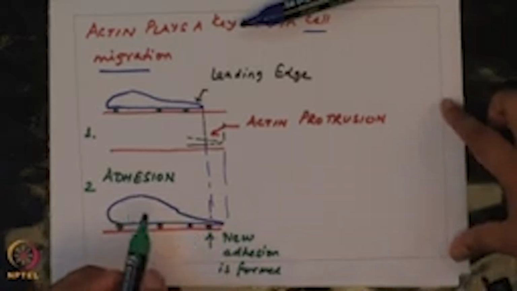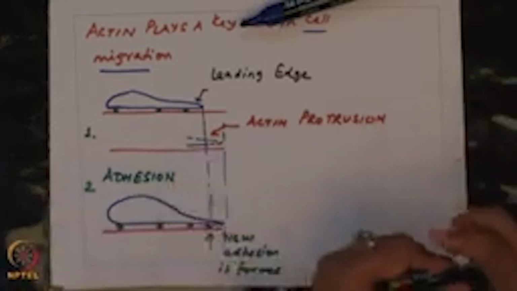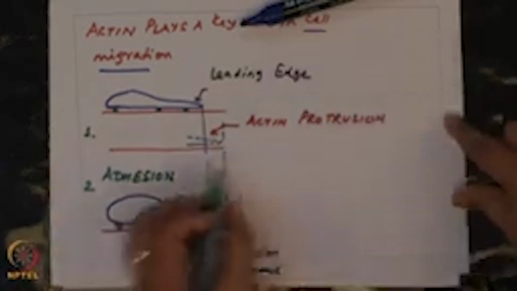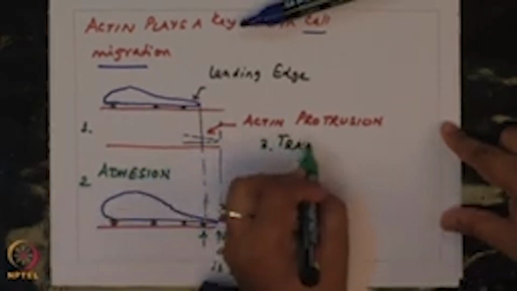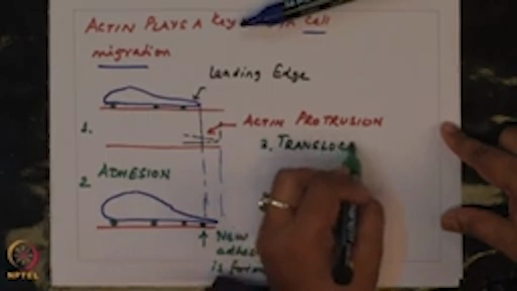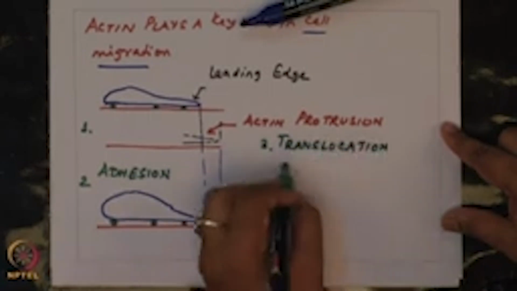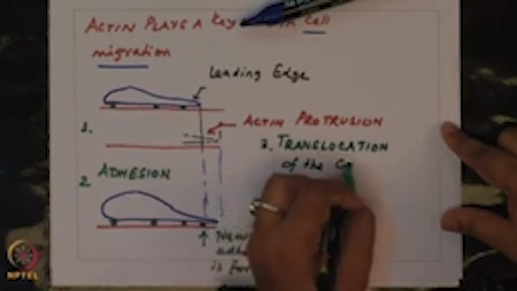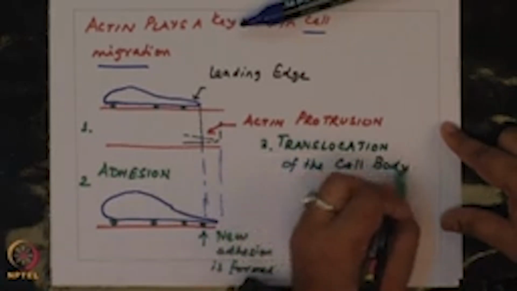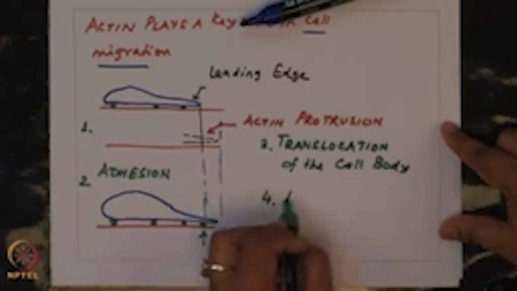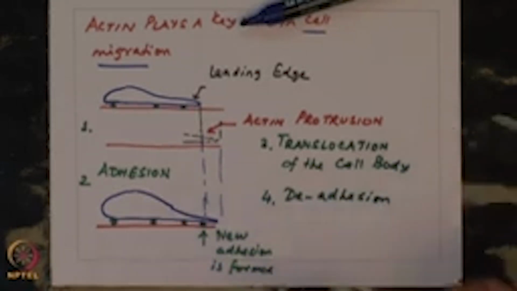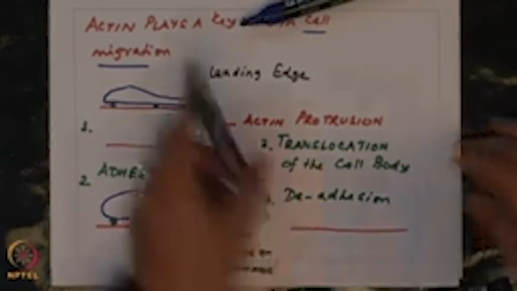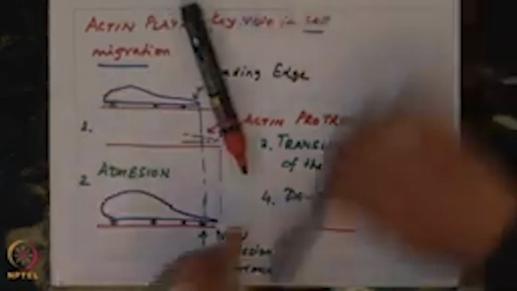And subsequently in steps 3 and 4, in step 3 you have translocation of the cell body, and finally, in step 4 you have de-adhesion. So, what is de-adhesion? I will draw de-adhesion for you.